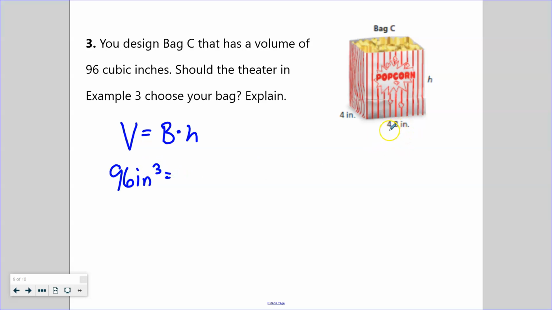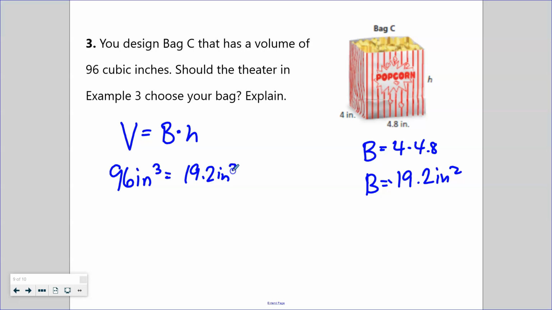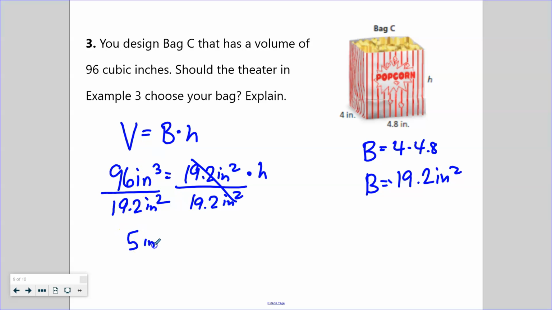And we know the base over here is big B equals 4 times 4.8. So 4.8 times 4, 19.2 inches squared. So 19.2 inches squared times our height, divide by 19.2 inches squared. 96 divided by 19.2 gives us 5 inches equals our height.